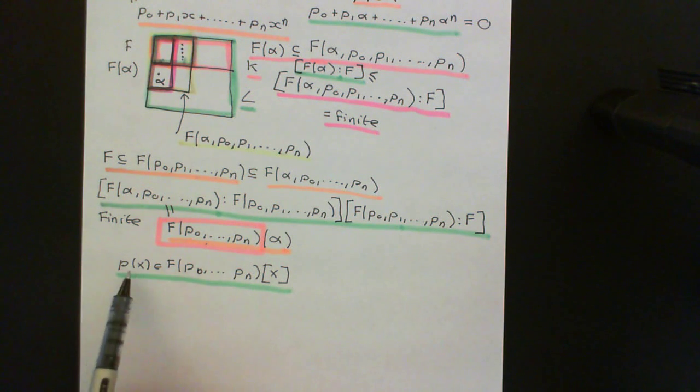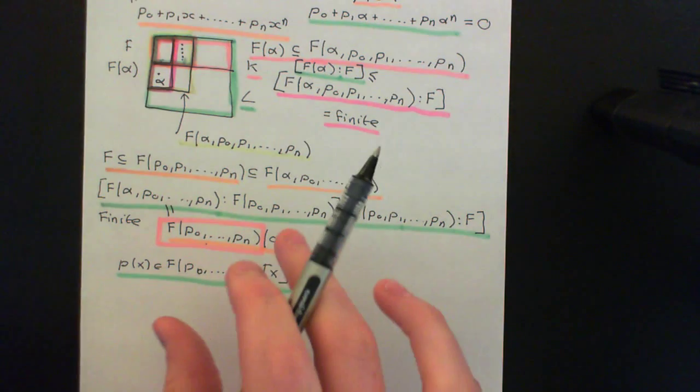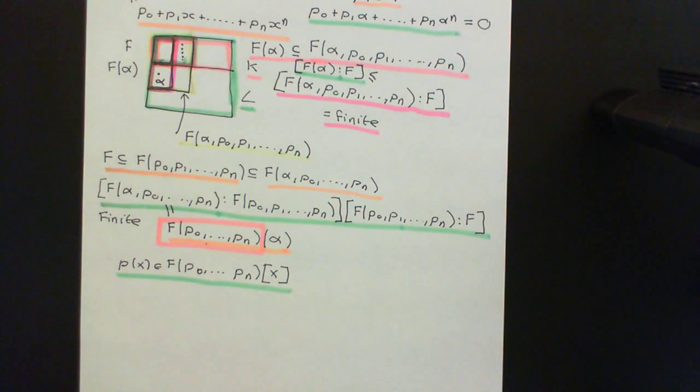But because it's algebraic over this field extension of F here, you can conclude that when you evaluate all the polynomials in here at alpha, it won't just continue generating you brand new elements. It will loop back at some point, and therefore you will get a finite field extension. Okay, as I say, if you aren't totally comfortable with that, watch the video on finitely generated field extensions.